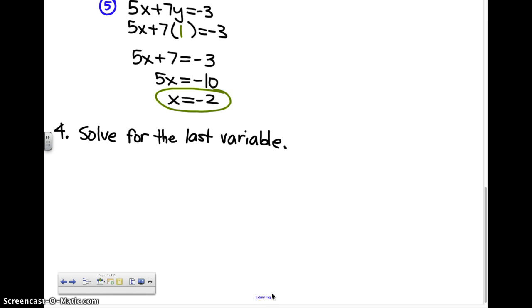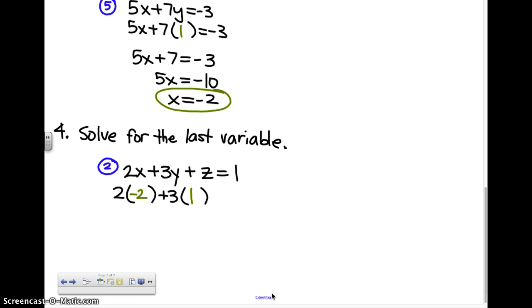Okay, I hope you have these written down. I'm going to pick equation number 2. 2x plus 3y plus z equals 1. And so then, I'm going to substitute. I know that x is negative 2. We just solved for that. I know that y is 1.